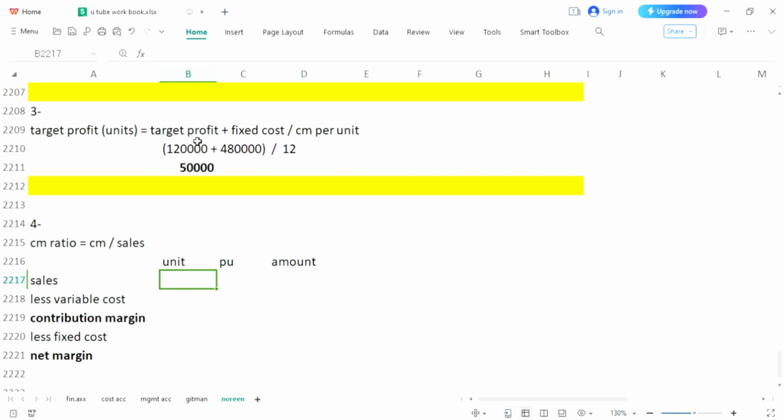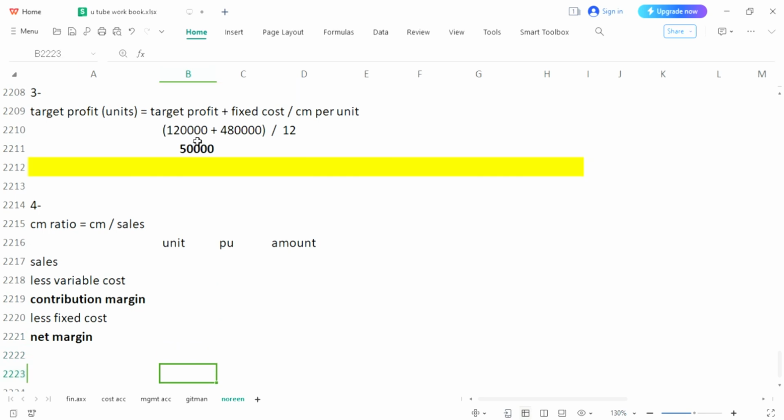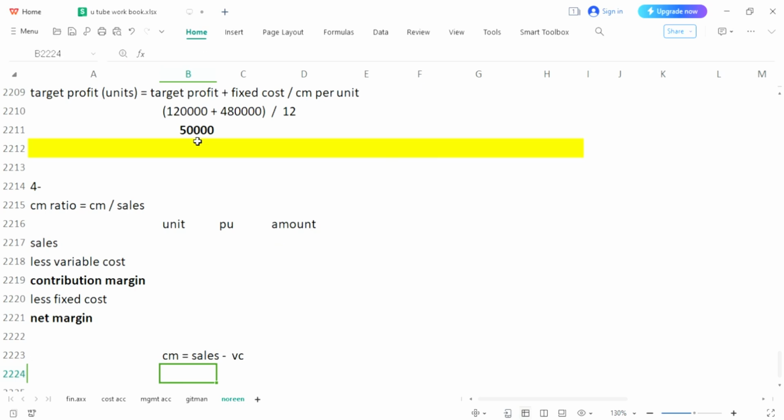Your sale price is unknown. First thing first, how do you calculate your contribution margin? By subtracting your variable cost from sales. We are choosing this same formula. Contribution margin is equal to sales less VC.